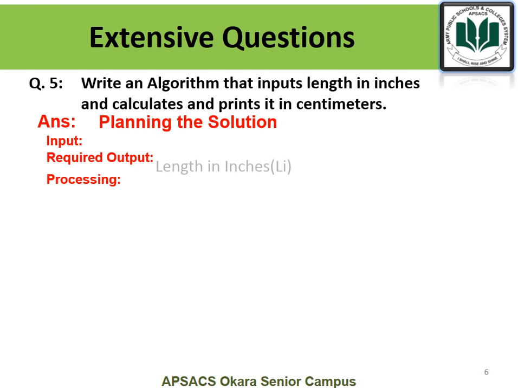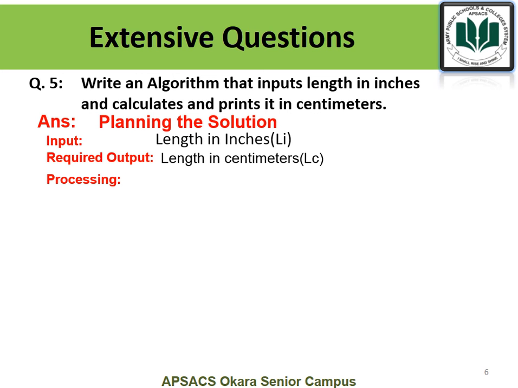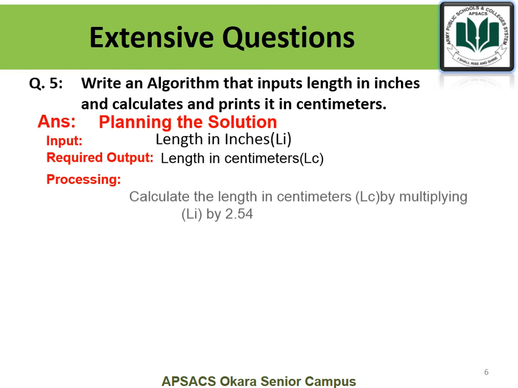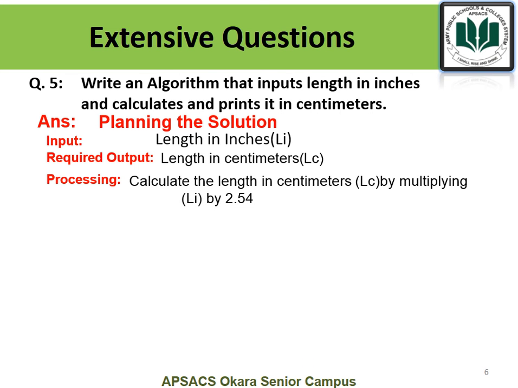Input will be the length in inches, li, and output will be the length in centimeters. I have declared the variables length in inches li and length in centimeters lc, capital L and small c. Now processing: calculate the length in centimeters lc by multiplying li by 2.54.